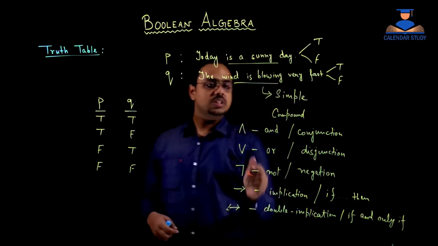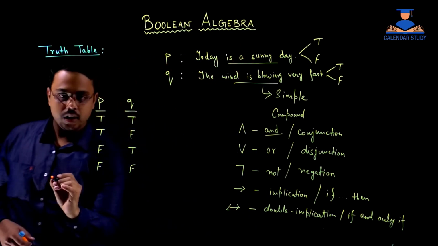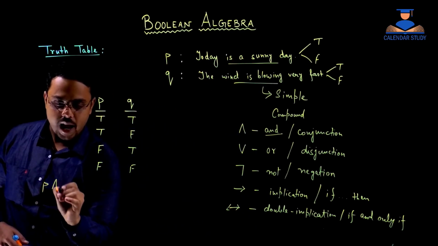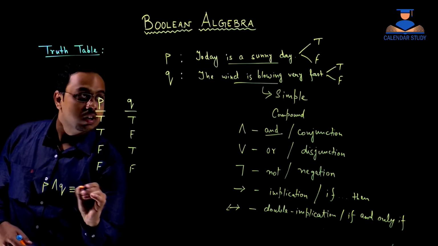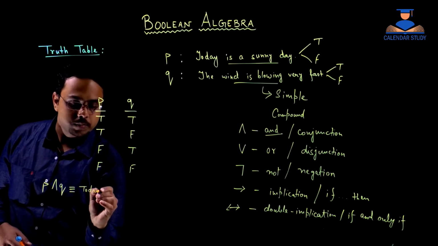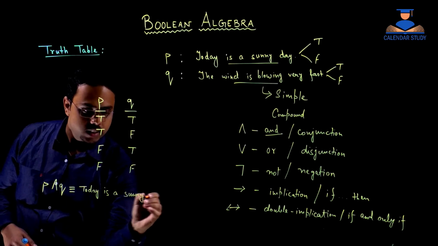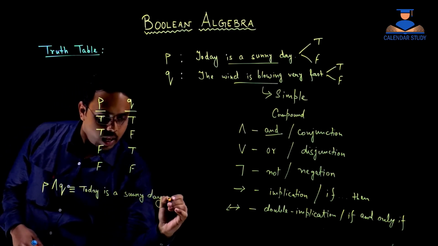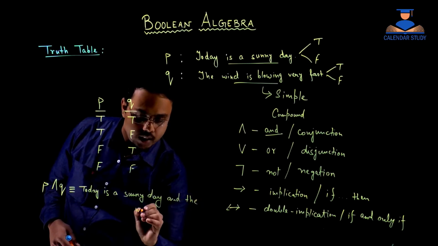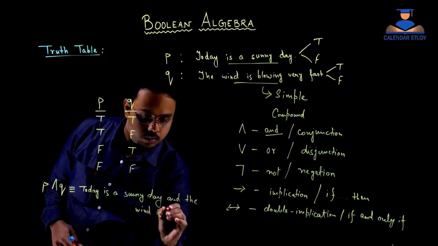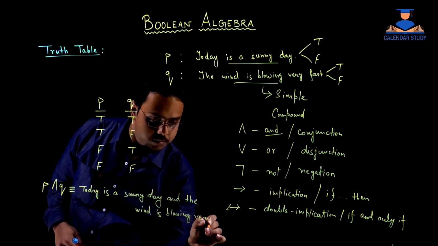So we can use the AND connective to form a compound statement using P and Q. P and Q can be written as: today is a sunny day and the wind is blowing very fast.